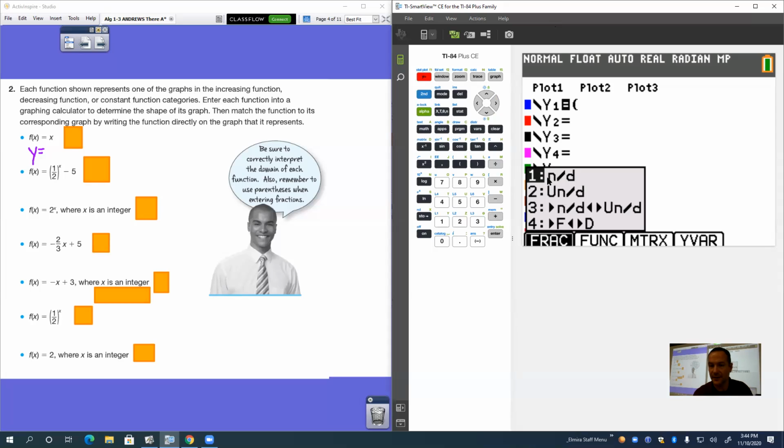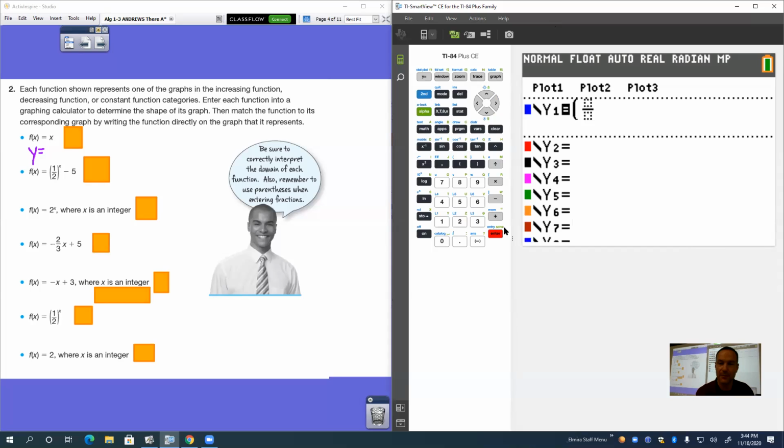Notice that it comes up with this n divided by d. We could do that. If we select that, that becomes a fraction bar that we could just type 1, use your arrow pad to go down to the 2, and then use your right arrow pad to go off of it, and that becomes the fraction 1/2.